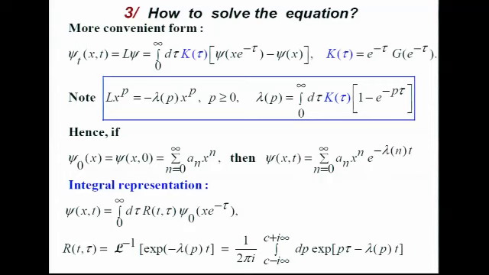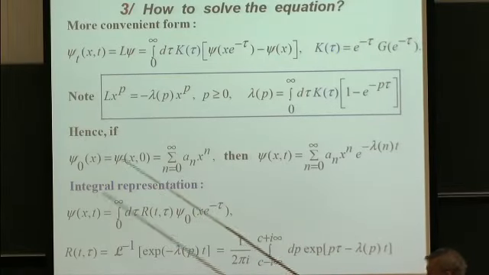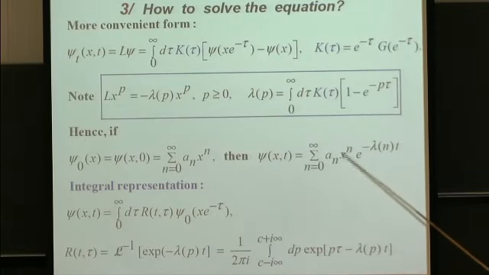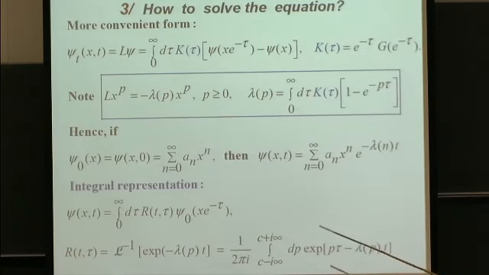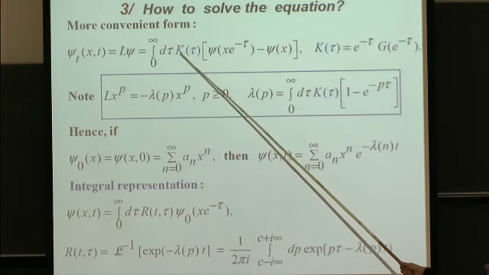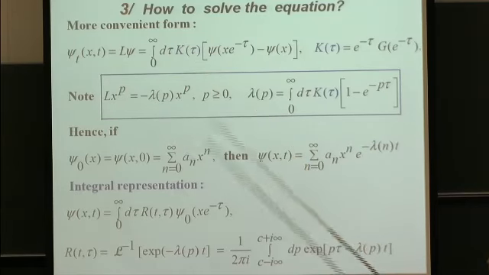Then, if your initial data for this equation is given in the form of a Taylor series, you immediately, by this formula, write the solution. What is important is that I didn't specify the function k of tau, therefore it is blue here.